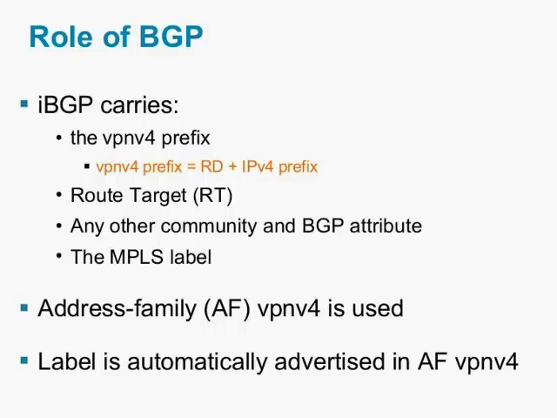But if a packet is received from a remote PE, the incoming interface will be the core-facing MPLS interface, which is in the global routing table, and so the local PE may not be able to understand which VRF this packet is destined to.